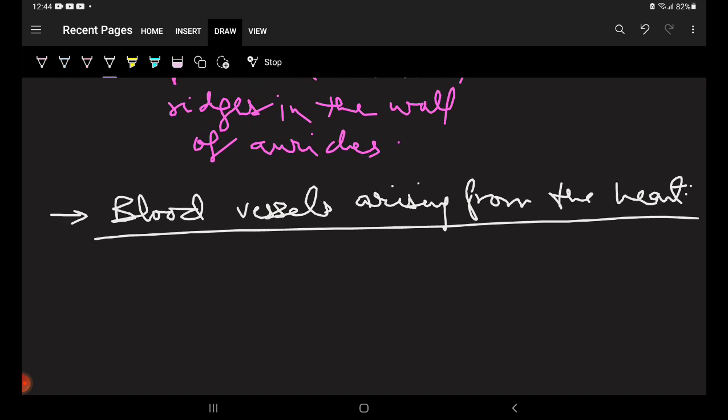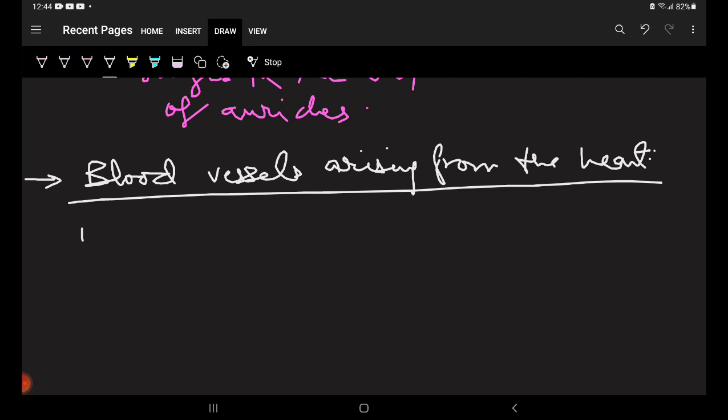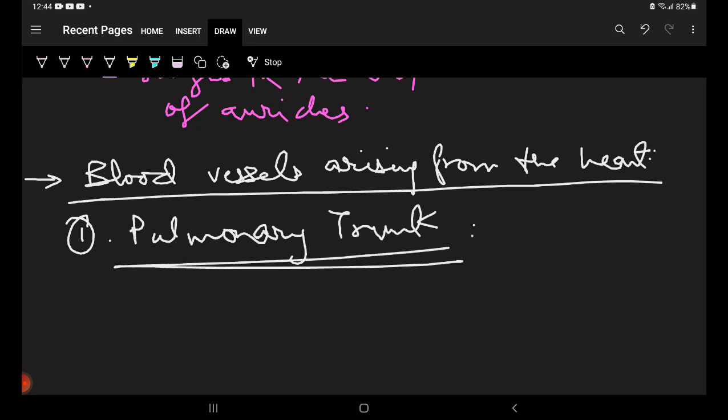So the blood vessels arising from the heart, the first one which you have to study is the pulmonary trunk. From where does it arise? It arises at the base of the right ventricle.